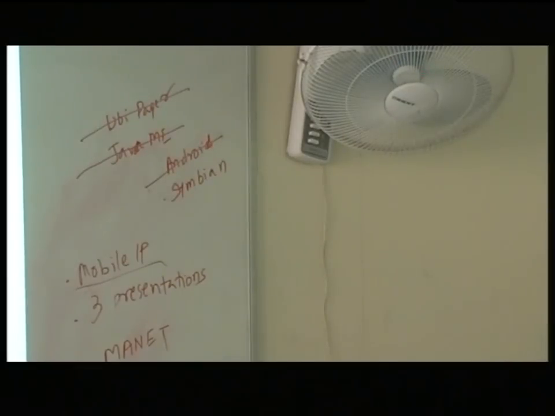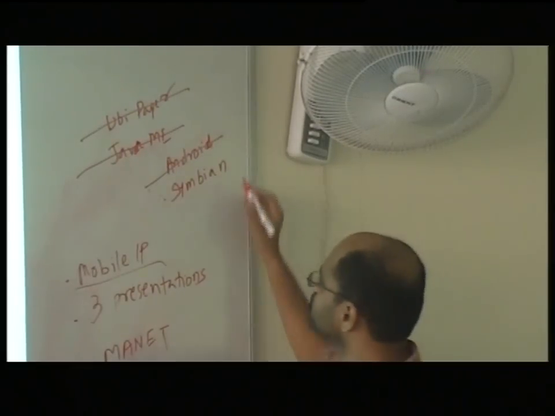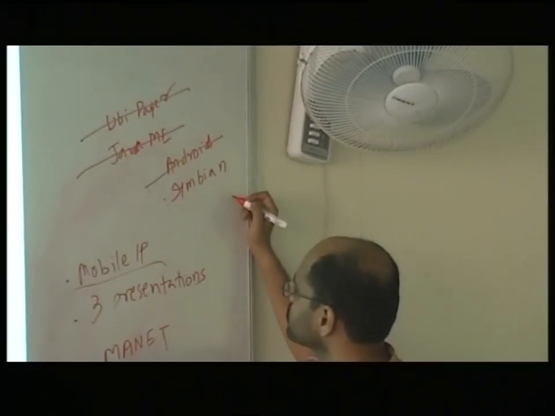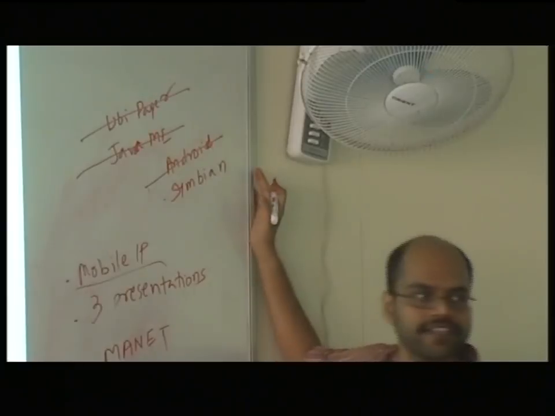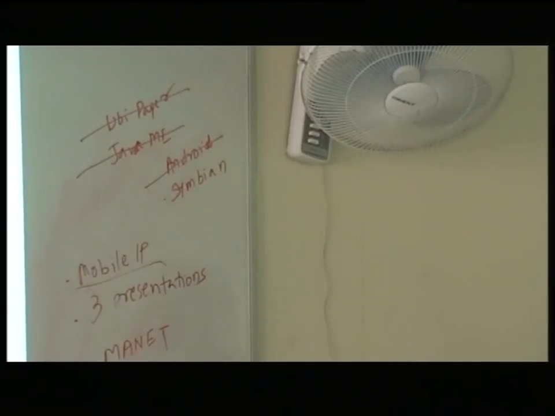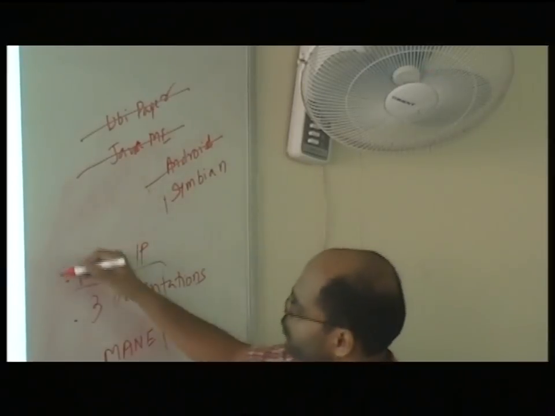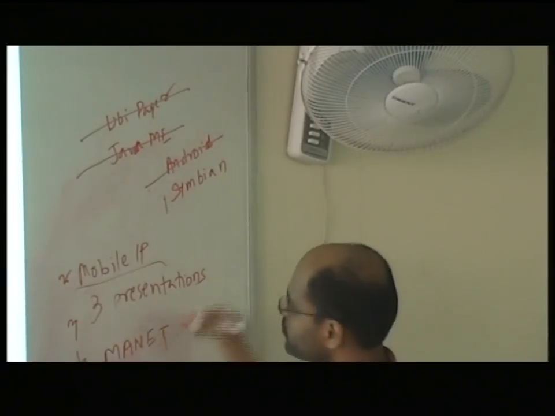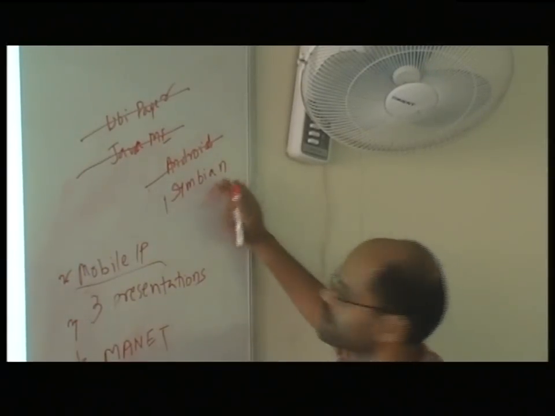Now weightages. I can't give you a fixed number, because if it is less or more, even a little bit, I will get too many questions. There are 4 parts, right? 1, 2, 3, 4. So I can give not 25% to Symbian.